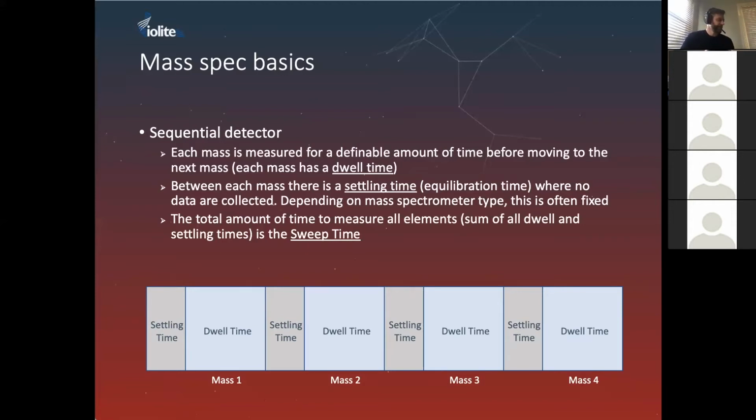Down here, we have an example where the mass spec is moving to a certain mass, so it has some settling time, then it's measuring mass 1, then it moves to mass 2, takes a little time to settle, and then measures mass 2, and so on. In this case, we only have 4 masses, but the total time to measure all 4 masses would be called the sweep time.